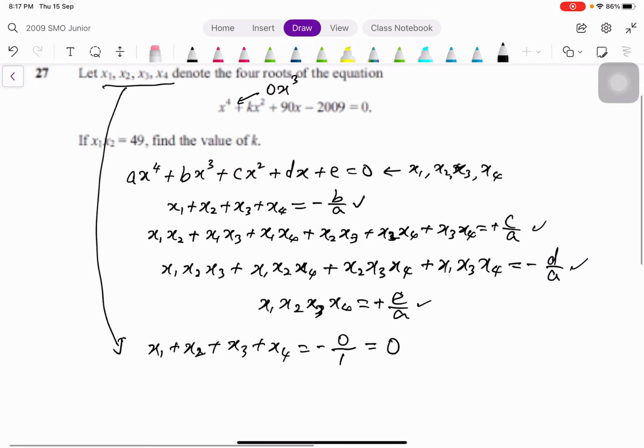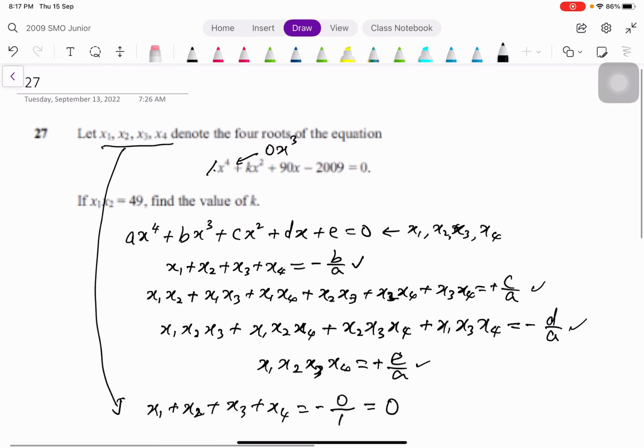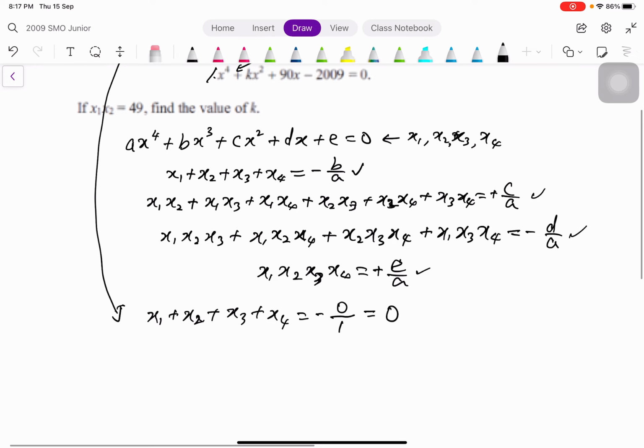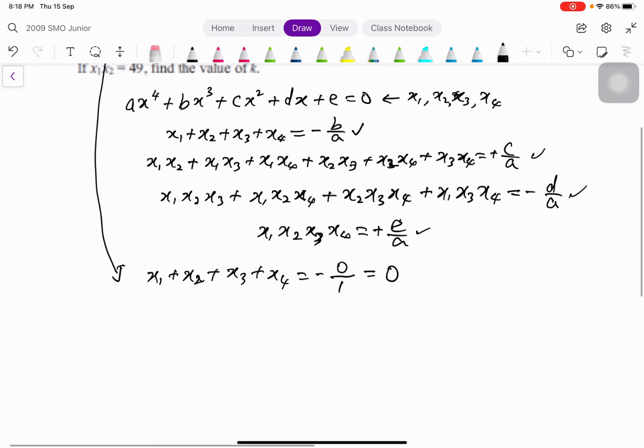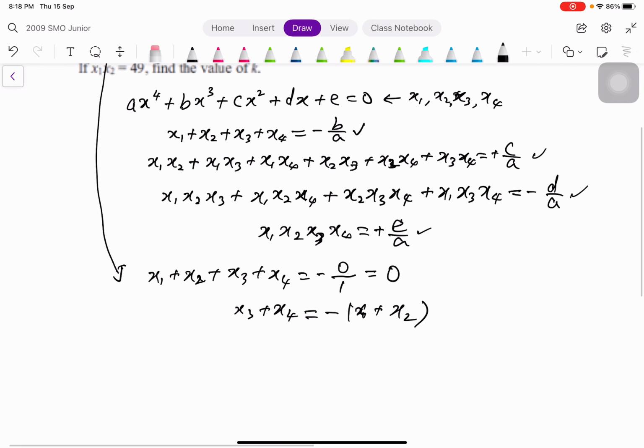The answer is 0, the sum of the roots is 0. Therefore, we can say that x3 plus x4 is equal to negative (x1 plus x2).